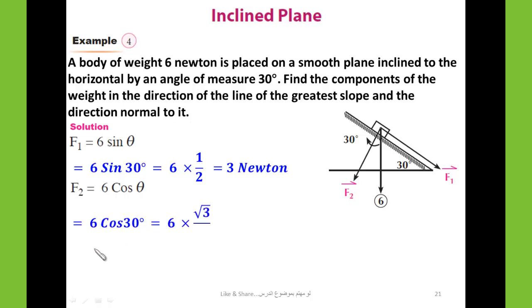We calculate it: 6 cosine 30 equals 3 root 3. You can use your calculator to make sure that we have the right answers, 3 root 3 and 3.